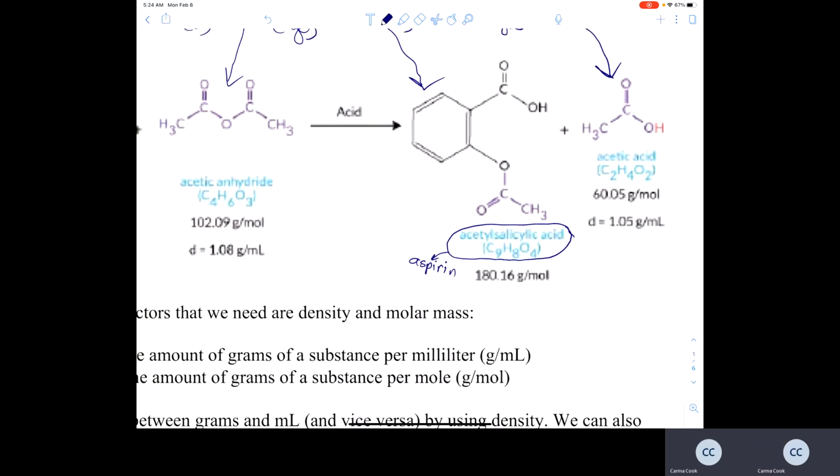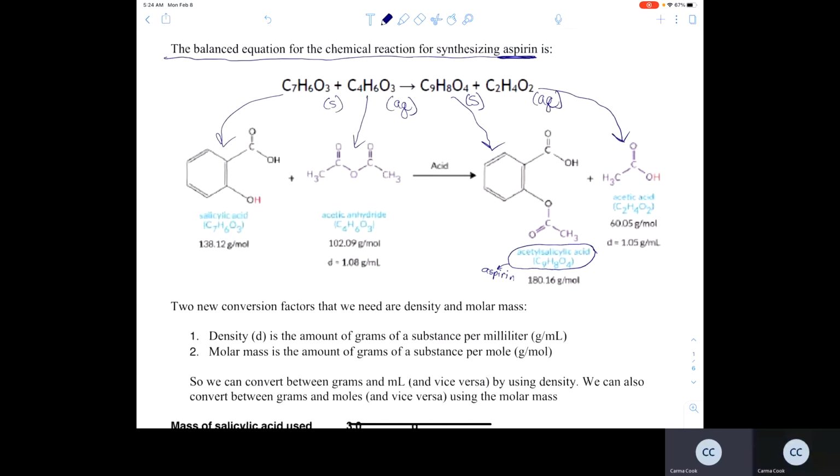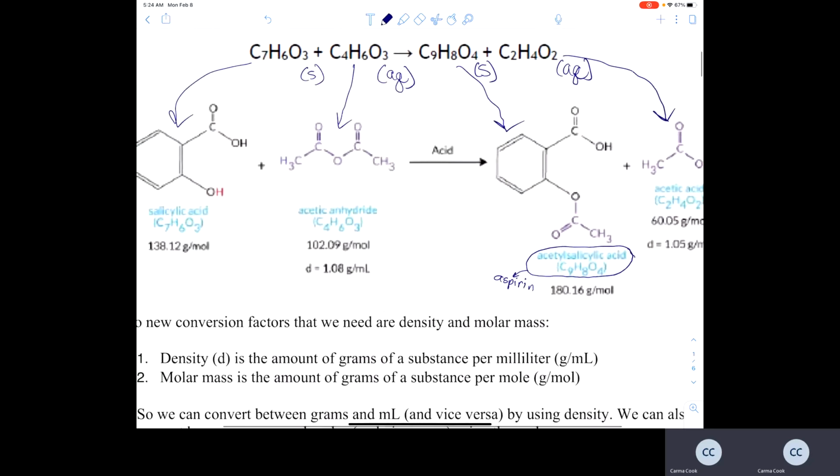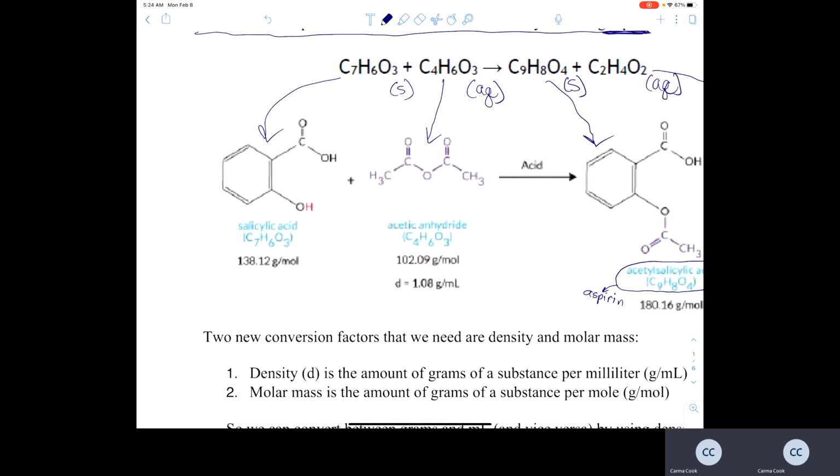Aspirin, or acetyl salicylic acid, is produced when you react salicylic acid with acetic anhydride.